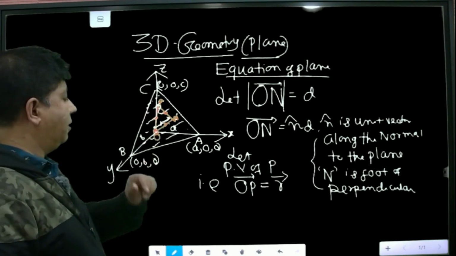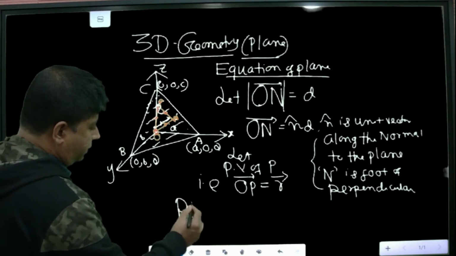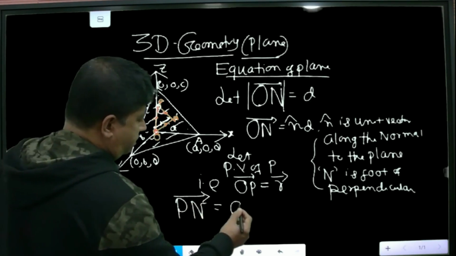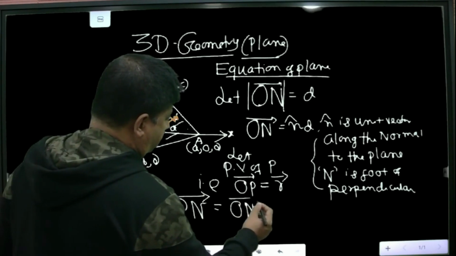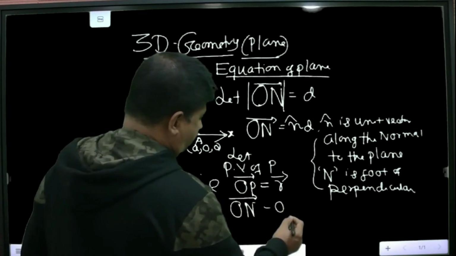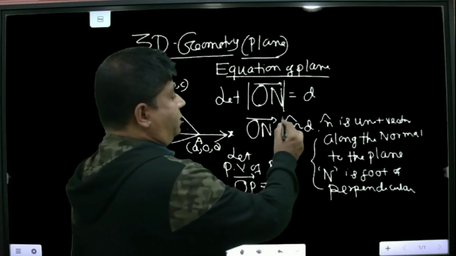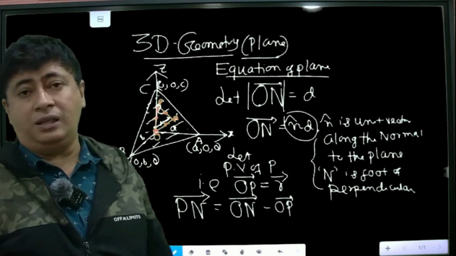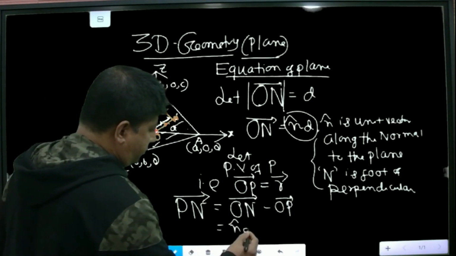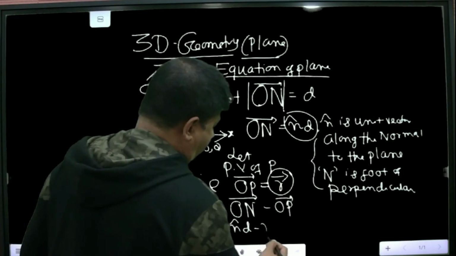Then what about PN? Then vector PN is ON minus OP. What is ON? ON is n cap d. What is OP? As per our assumption, R.